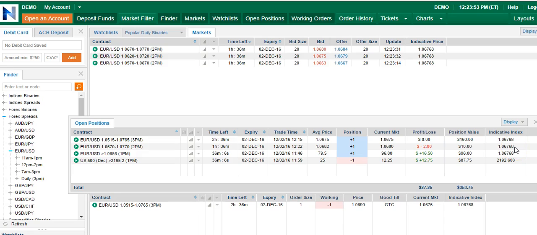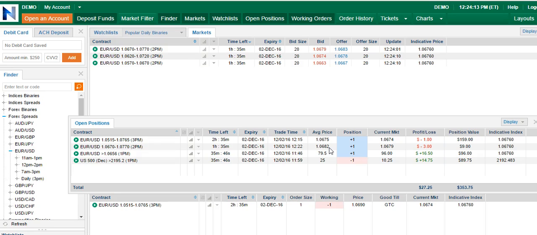So again, the benefit is if this went down to 106.65, I would not be at risk for that full amount. I'm only at risk to 106.70. So my max risk on this particular trade was that I think I paid $12 for it.